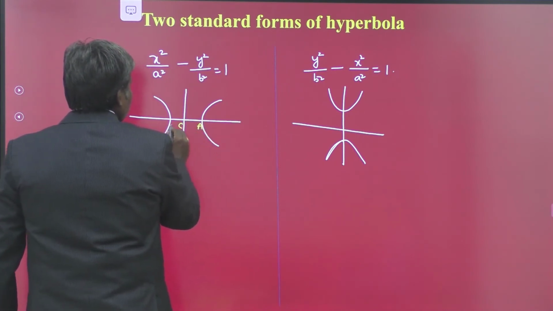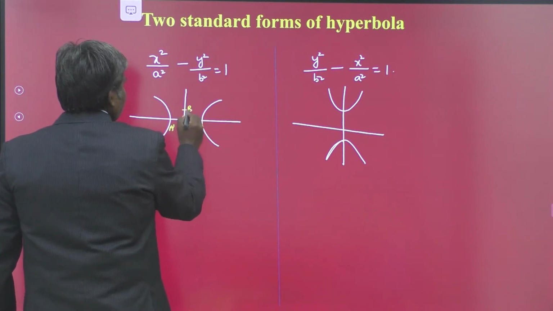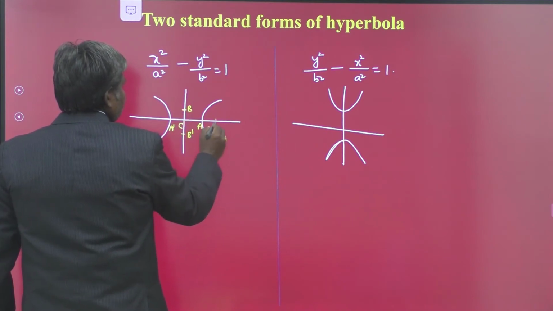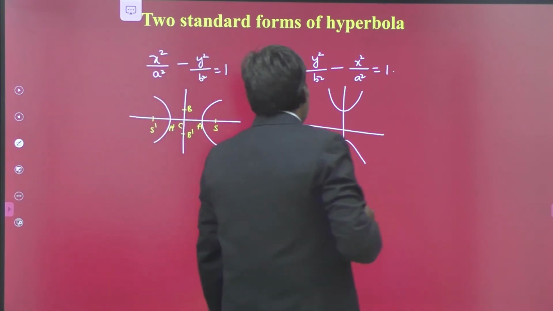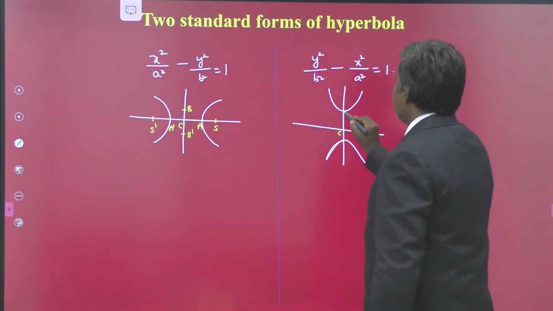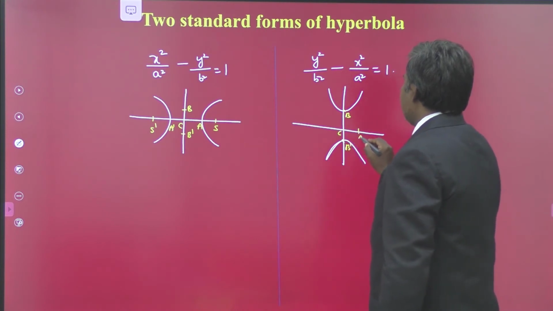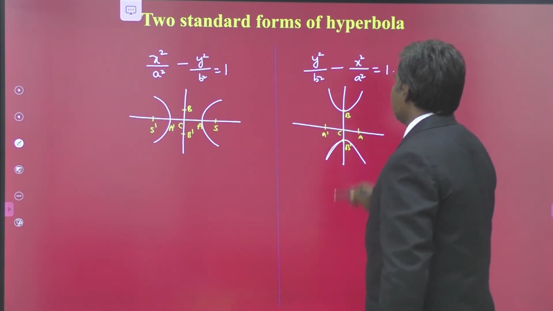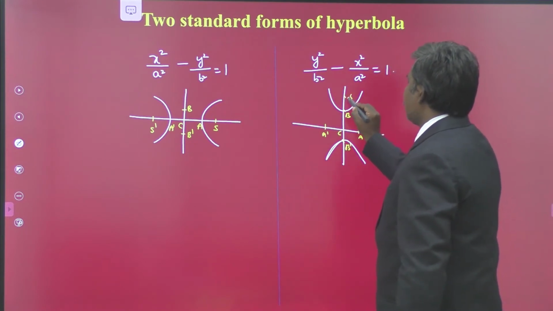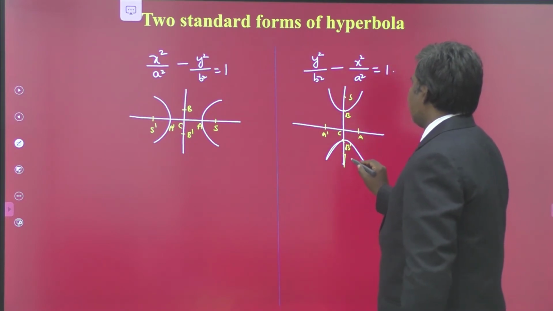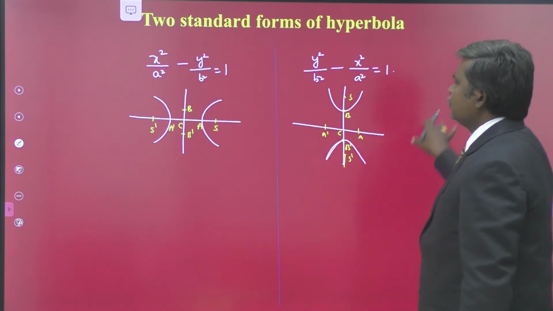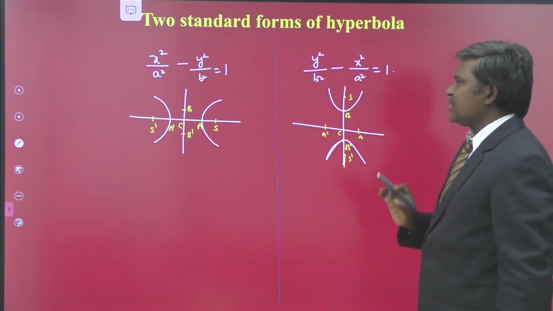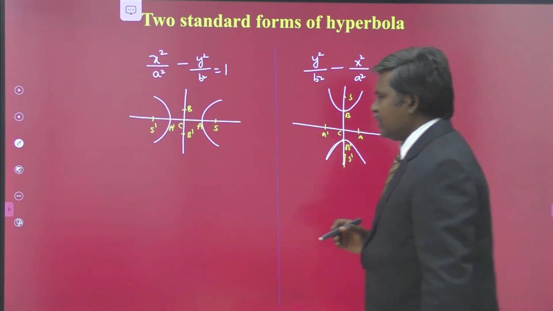These are the vertices A dash and A. This is B dash. This is S. This is S dash. Similarly here, this is C. This is B, this is B dash, and A dash are like this. This is your focus S. This is the other focus S dash. So we have two structures.